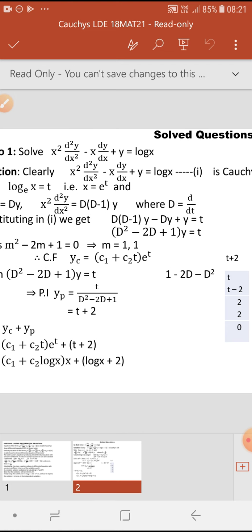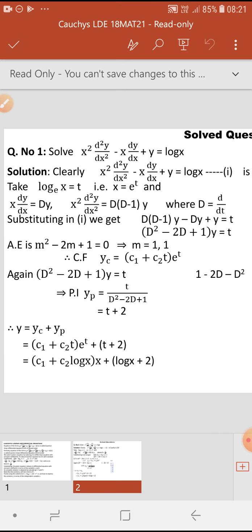There is a small correction. The divisor is 1 minus 2D plus D square. So the quotient will be t plus 2. Once you get a zero remainder, stop, and the quotient will be the particular integral, which is t plus 2.